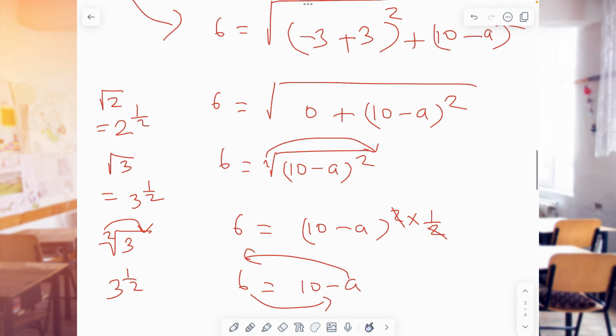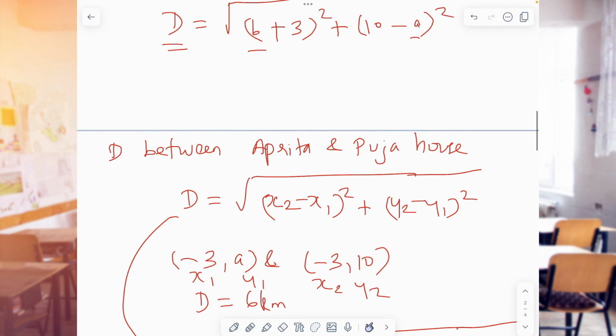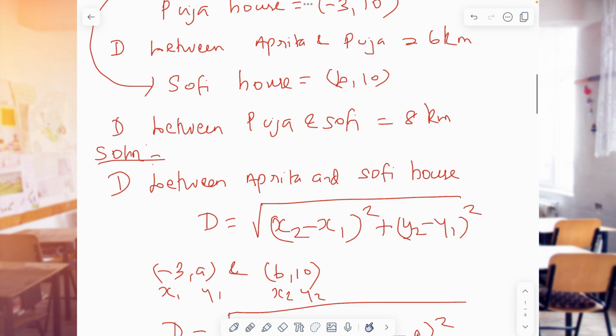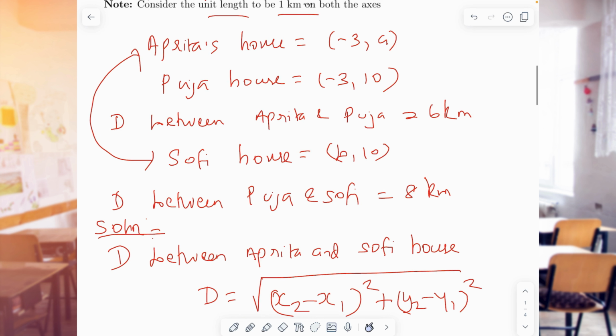Now the next step we want to see is, they have asked the distance between Aprita and Pooja, which we already solved. Now Sophie's house. So this is the distance between Pooja and Sophie's house we should see.